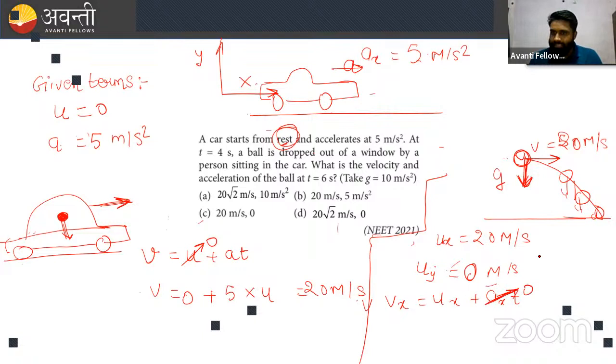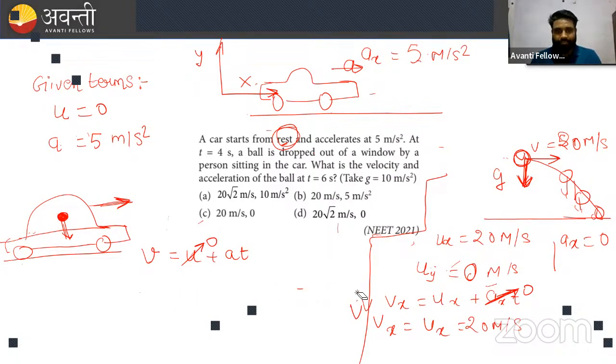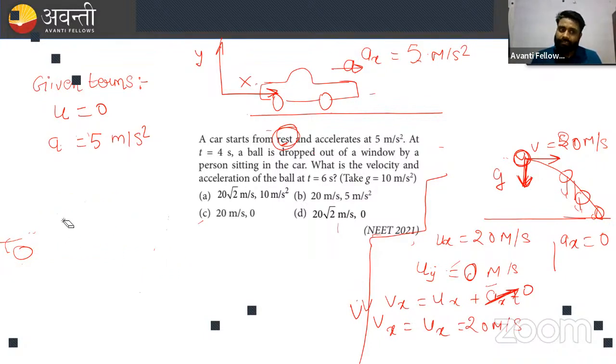I have said to you, acceleration in x direction for the ball is 0, so this term will be 0. So vx is equals to ux, means 20 meter per second. So the velocity in x direction for the ball is not going to change. So which velocity is going to change? Obviously there is acceleration in negative y direction, so the velocity in y direction is going to change. So we are going to calculate it here.